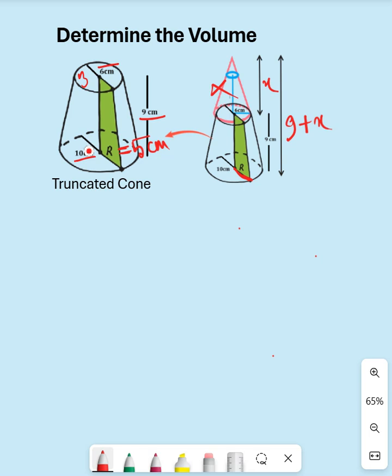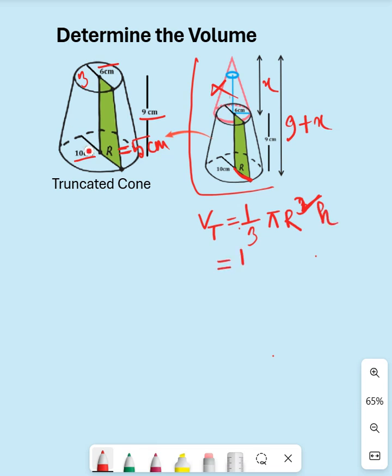Now the plan is that we have to find the total volume of this cone. The total volume of this cone, by the definition of the volume of a cone, is 1 over 3 pi r squared h, where h is the total height.